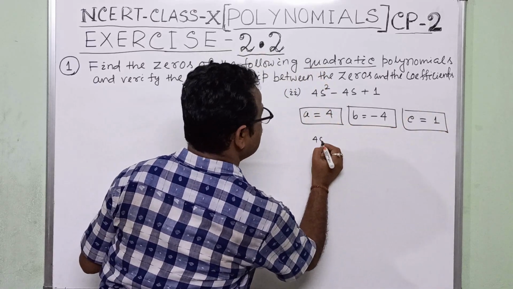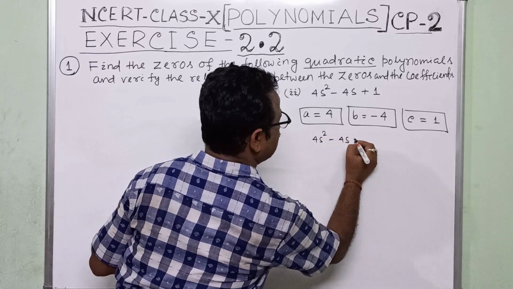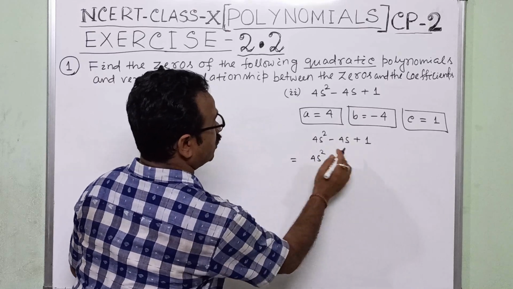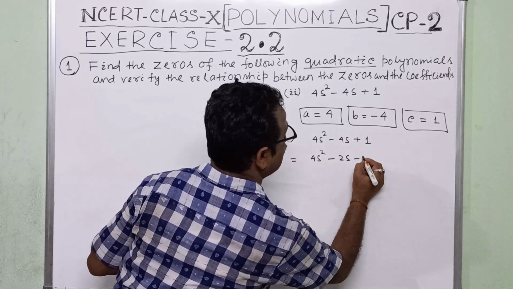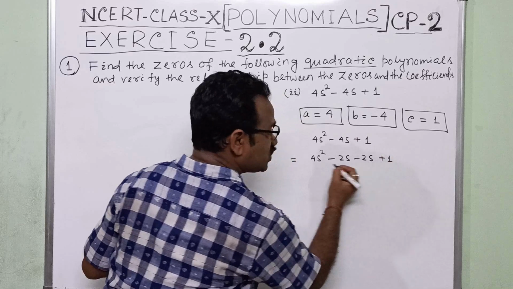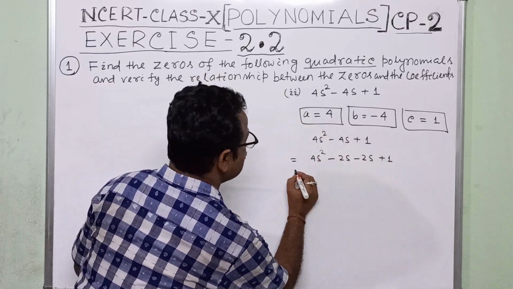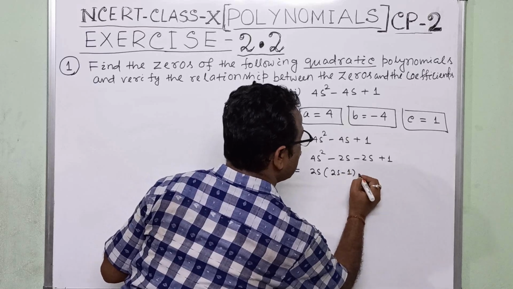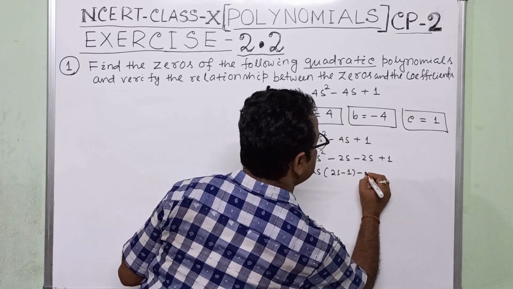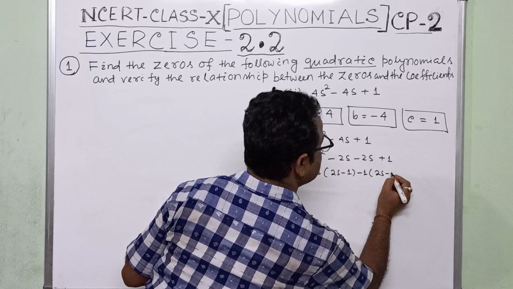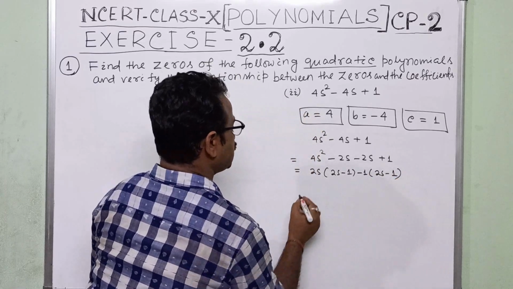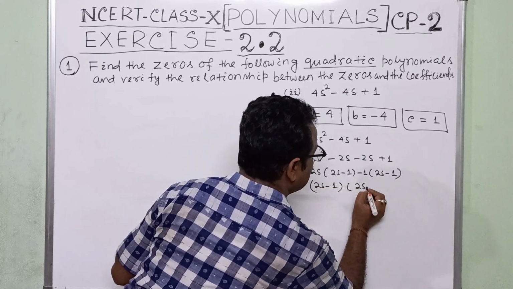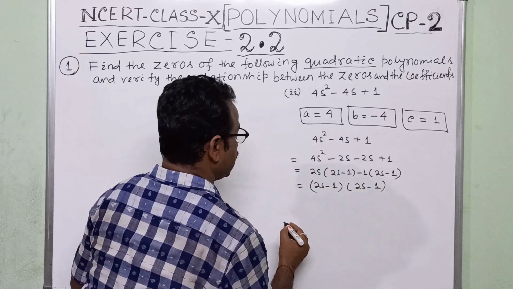Now we'll factorize it. 4s square minus 4s plus 1 is equal to 4s square minus 2s minus 2s plus 1, so that is equal to 2s common, 2s minus 1, minus 1, 2s minus 1. So that is equal to 2s minus 1 into 2s minus 1.